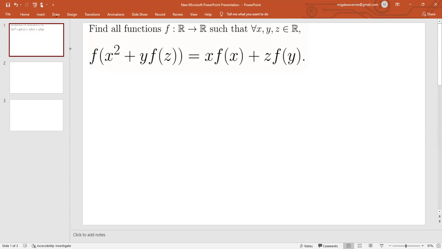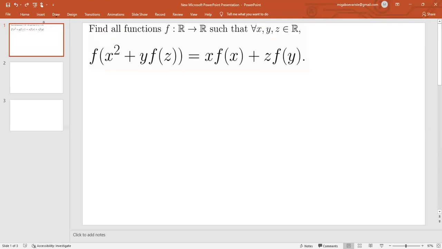I'll plug in values so that these expressions can vanish, because if I plug y equal to 0 and z equal to 0, whatever f of z or f of y is, this expression will always be 0. And this should be nice because it will be easier for us to work with.